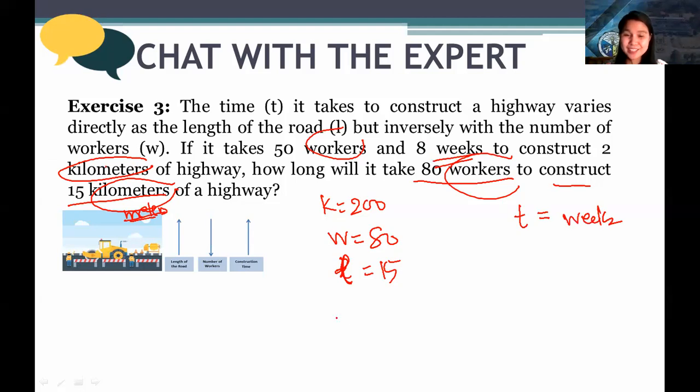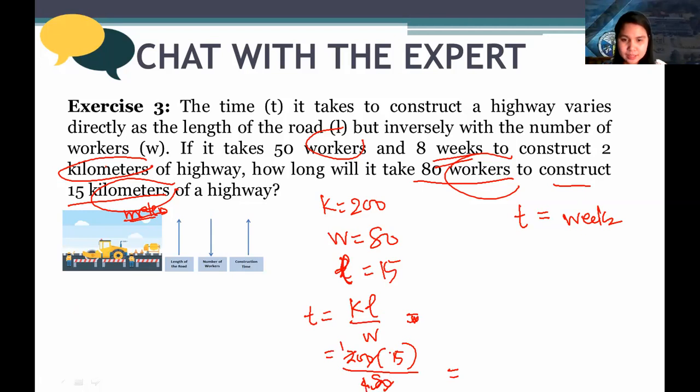Now let's start solving. That will be time equals K, KL over W. K is 200, L is 15, W is 80. I'm sorry, I don't use a calculator so much, so I'll keep on doing this.